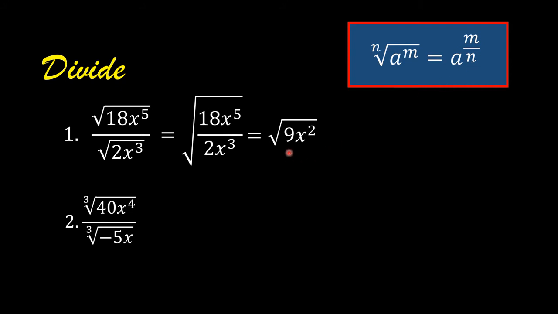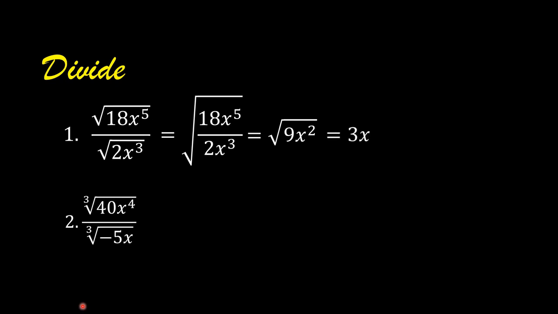The square root of 9 is 3, and then divide the exponent of x, which is 2, by the index, which is understood to be 2. So this is now equal to 3x. The answer is 3x.